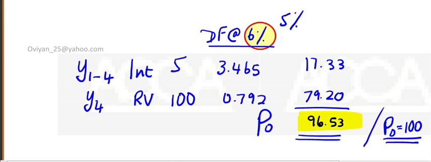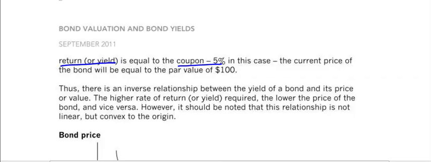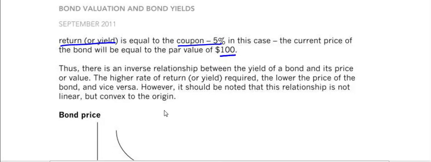You're going to get around $100, which is the current price. So the conclusion here is that there is an inverse relationship between the yield of the bond and its price. So if the yield goes up, the price goes down. It's called an inverse relationship, and vice versa. The higher the rate of return, the lower the price of the bond.